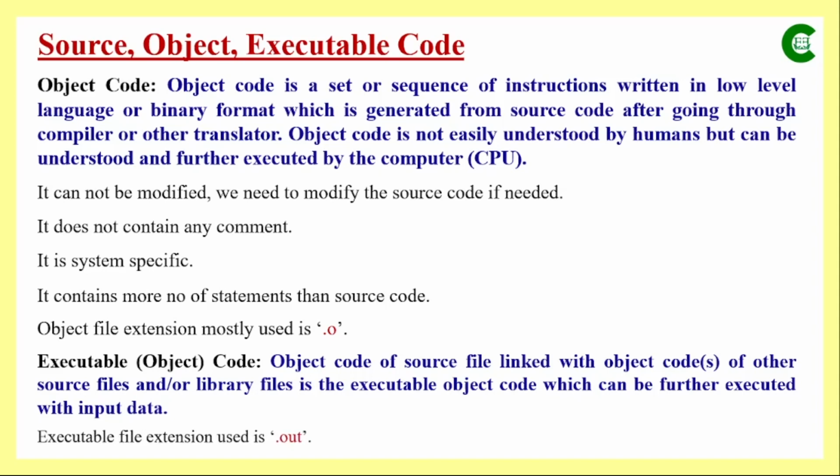And the file extension for executable object code is .out. So these are the three types of code: source code, object code, and executable object code, that we should have a little bit of idea about before we write a complete C program.